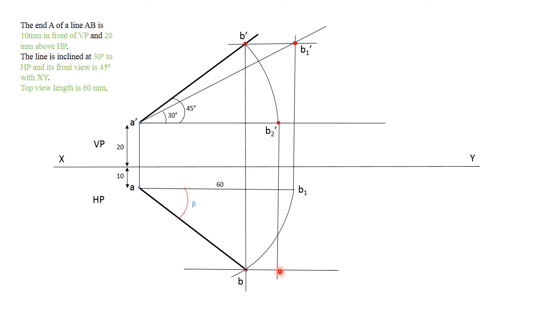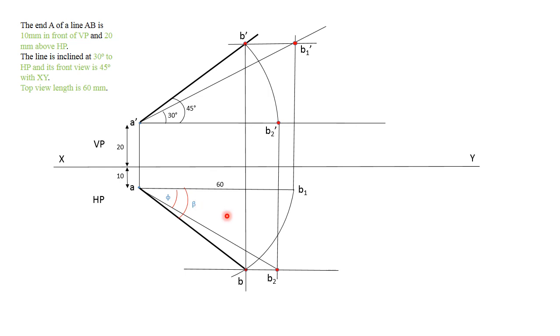So you draw the projection of this B2, and then it will meet this line at the point which is B2. Then you can join B2 and A, and this will give the true inclination of your line with respect to the vertical plane. So that angle is nothing but phi. So phi is your true inclination and beta is your apparent inclination.